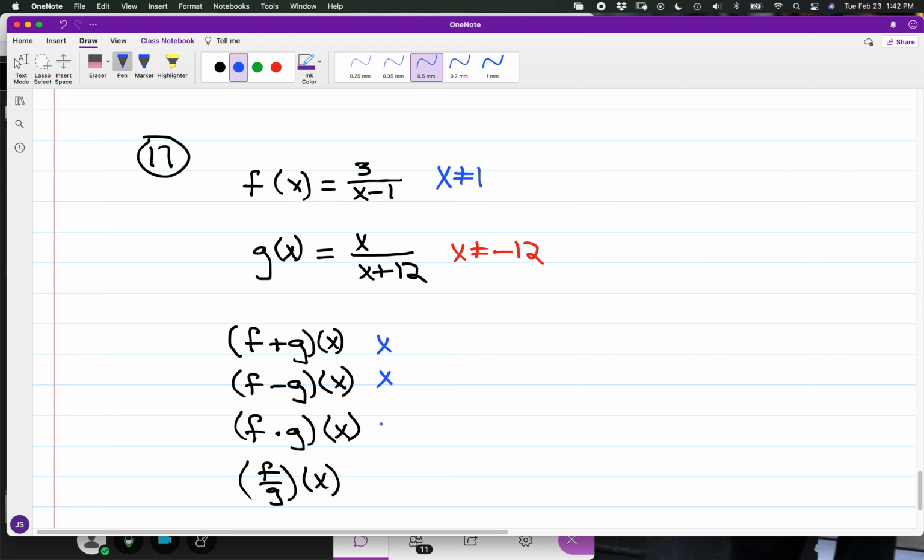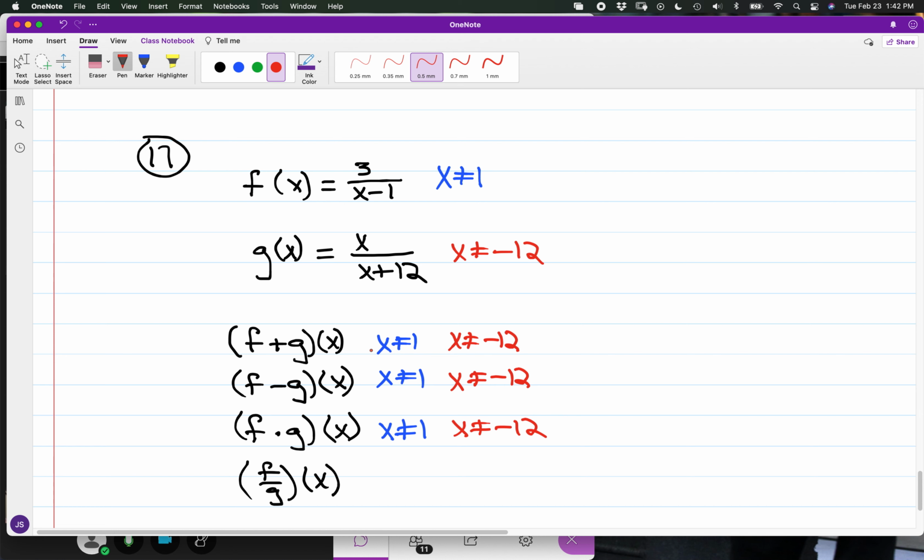Now for the sum, the difference, and the product functions, again, we're going to be looking at combining the restrictions. We have the exact same domain, and the domain is formed by considering the restrictions applied for the individual functions involved.